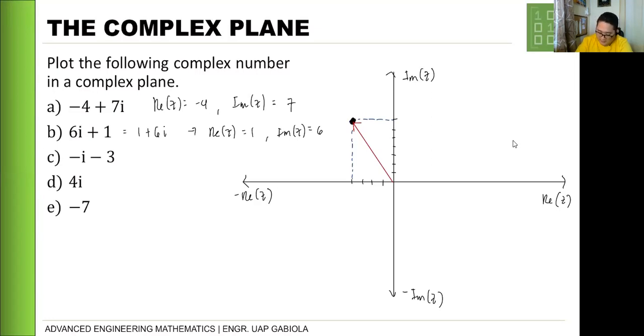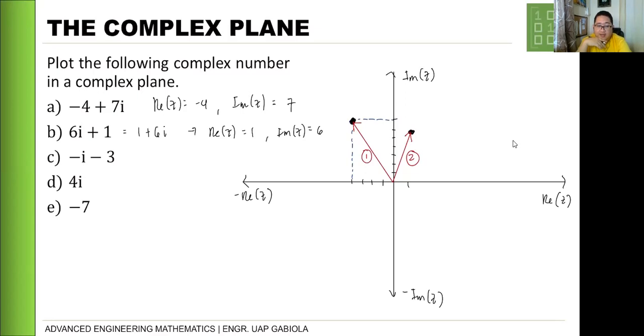So, we have positive 1 and then positive 6. So, yung intersection niya will be this one. So, that point connecting with the origin is our complex number. Okay?